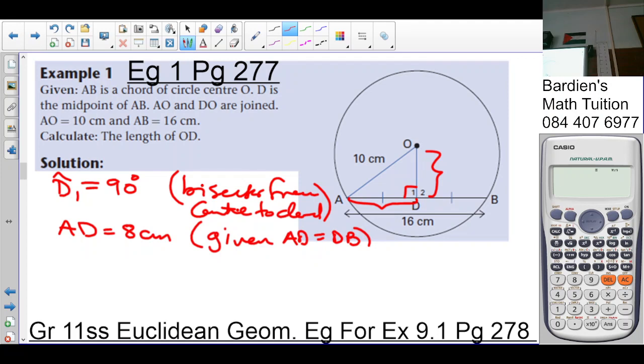Did I have to write this here? What do you think? Did I have to write this here? Why must you write it? Was it given on the diagram? So now you must remember, if something is not given on the diagram, it must be stated. I can't just use 8. Okay? There is no 8 on the diagram.